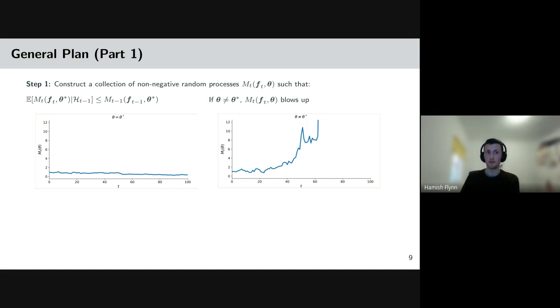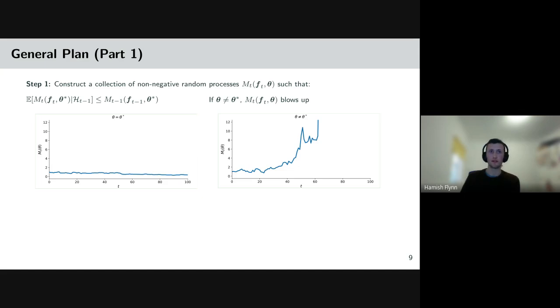That's the first thing we want from mt. For any theta that isn't theta star, we want mt to blow up as the number of rounds t increases. So in this case, mt might look something like this blue line. And already you can hopefully start to see where we're going with this. If we want to test whether some theta should be in our confidence set, then we just look at mt of theta for some sequence ft and check whether mt blows up.